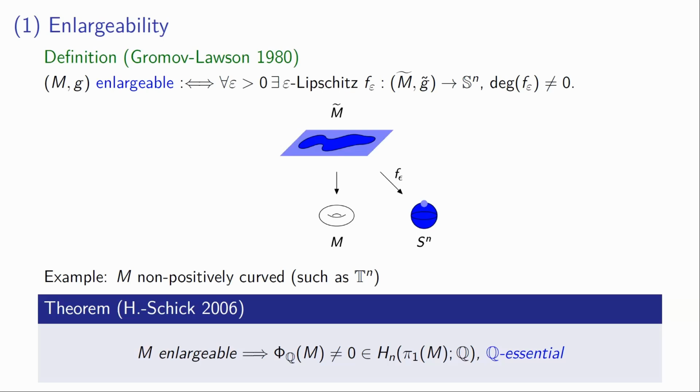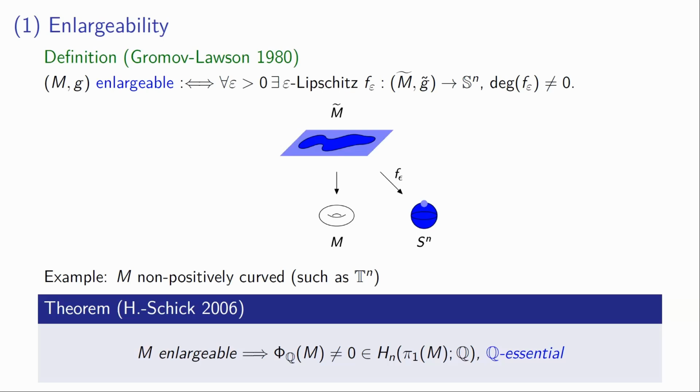And so what's the connection to group homology? This is the following thing I proved with Thomas Schick a couple of years ago. If M is enlargeable, then we study this element, which I defined before. Recall that this element is the image of the fundamental class of M under the classifying map in the n-th group homology of pi_1, and it turns out that this class is non-zero.